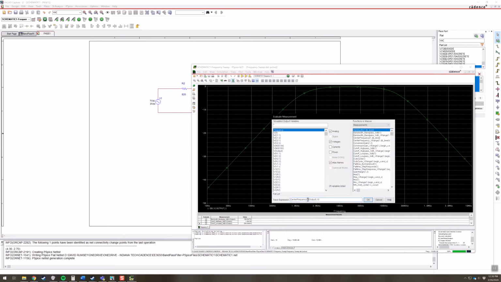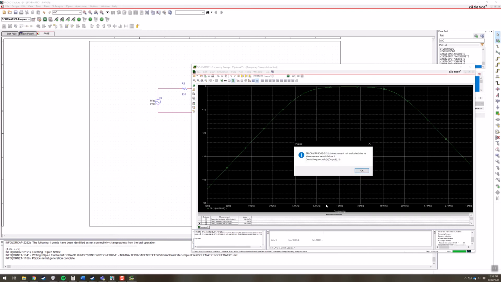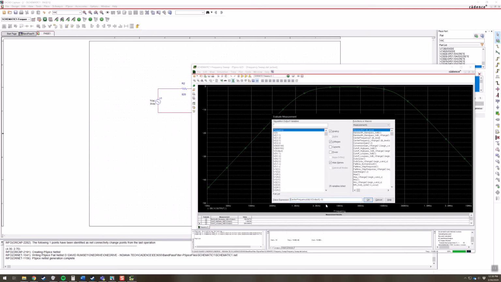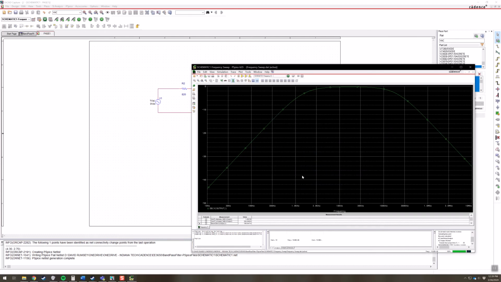Oh, one thing I forgot to do here is we have to make sure that the voltage has been converted to dB. Maybe that's not the issue here. Let's do this. Let's try this again. Maybe it's just +3 that we put in there. Bandwidth, output 3.